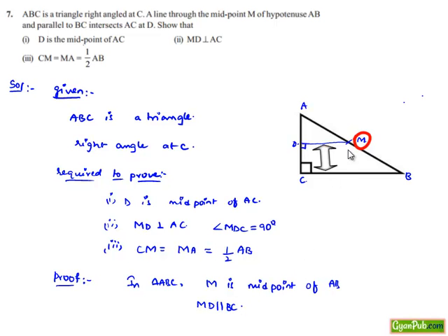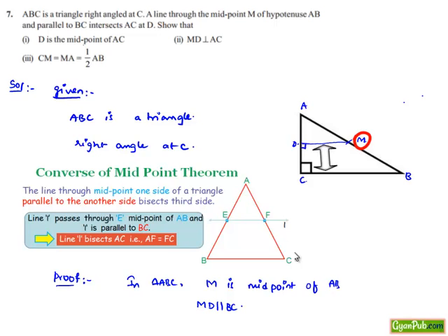As M is midpoint of AB and MD is parallel to BC, we can say that by converse of midpoint theorem, D is midpoint of AC. This is what our first proof required.